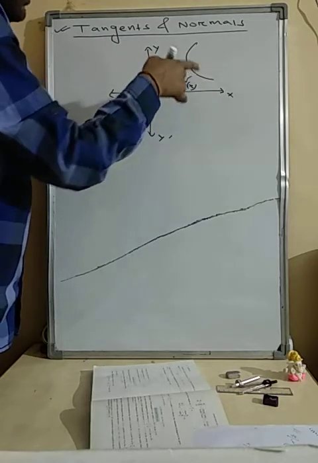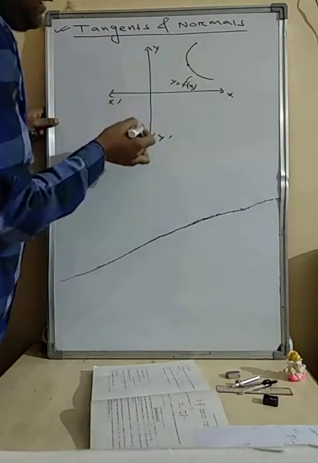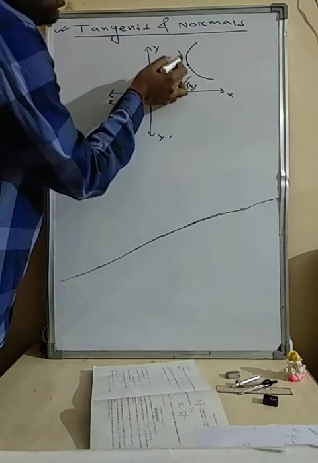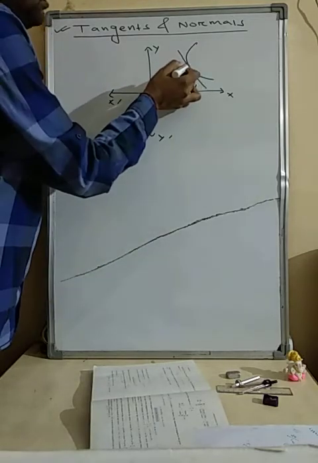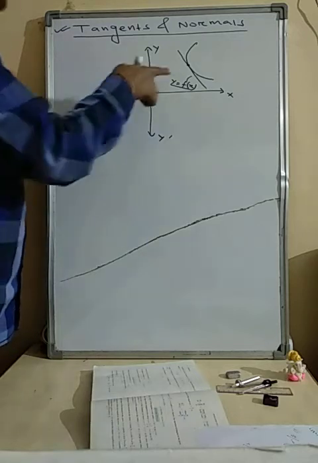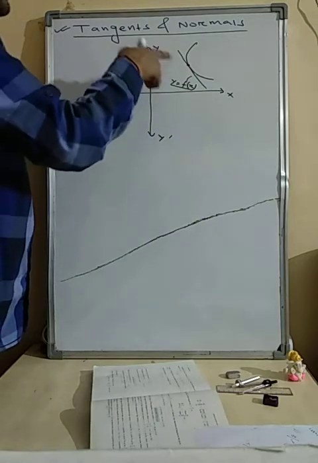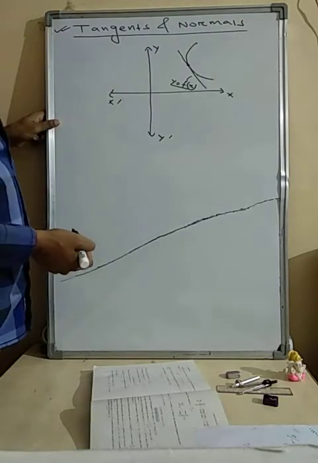If I draw the tangent at this point to the curve y equal to f(x), obviously it is a straight line and it will touch at a single point of the given curve. And then what is normal?